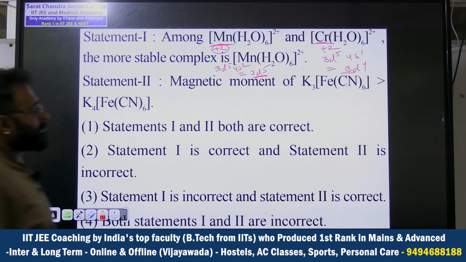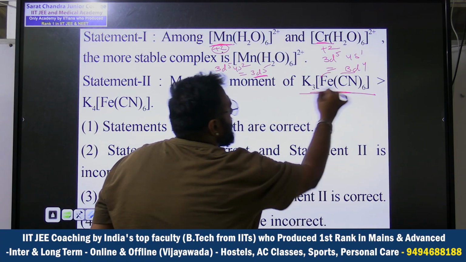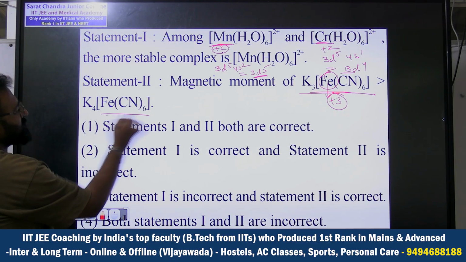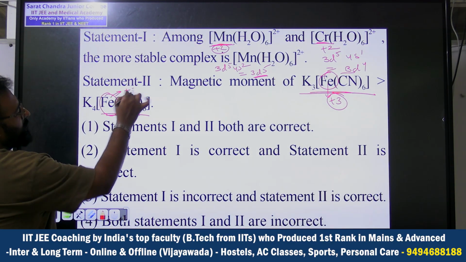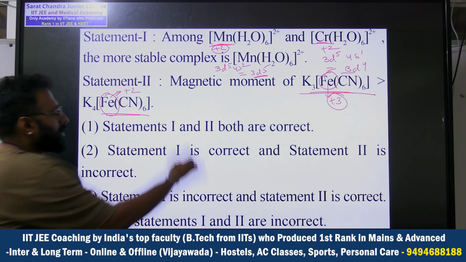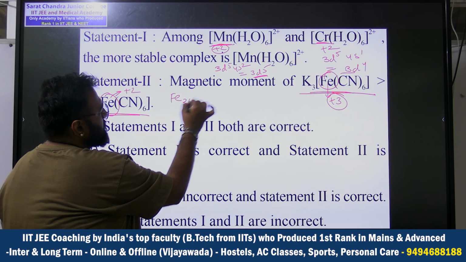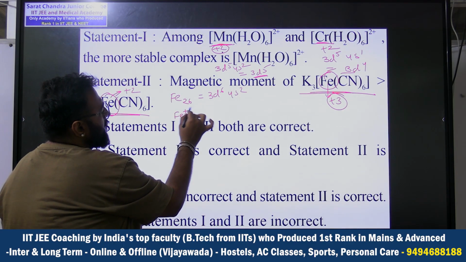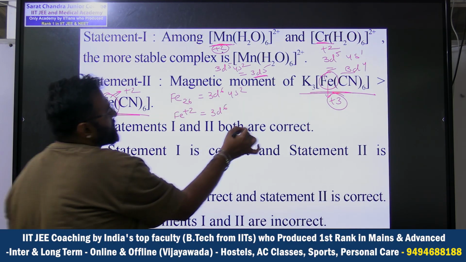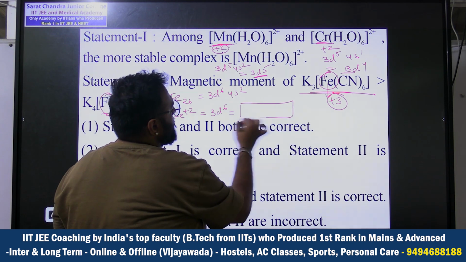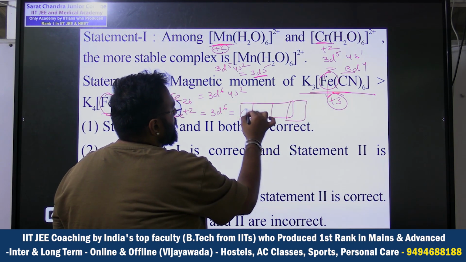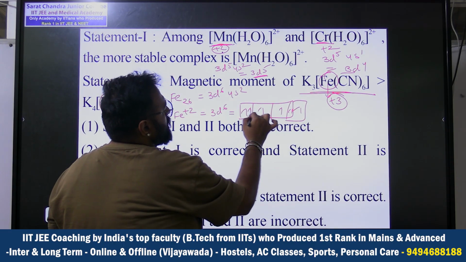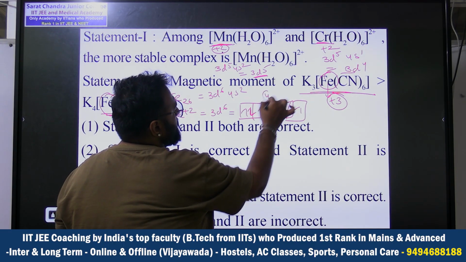Now let us take statement number 2. K3Fe(CN)6, iron is in +3 oxidation state, and K4Fe(CN)6, iron is in +2 oxidation state. Now let us see iron. 26, 3d6 4s2. If we make iron +2, it will be 3d6. 3d6 means how many unpaired electrons? We have 4 unpaired electrons.